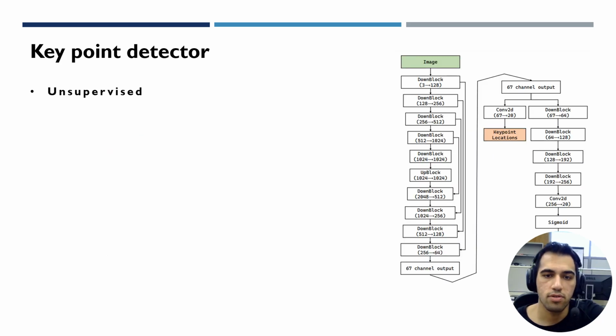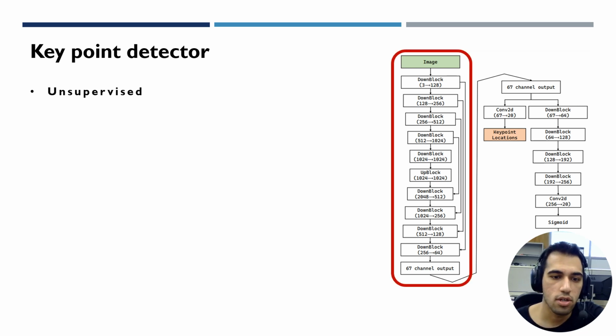I also mentioned that this model uses the key points from an image or a frame, and uses the key points as information to do some tasks. So we want to go into a bit more detail about this. The model that is able to detect those key points is typically a UNet model. The UNet typically does image-to-image translation, where the input is 3 channels RGB and the output is also an image.